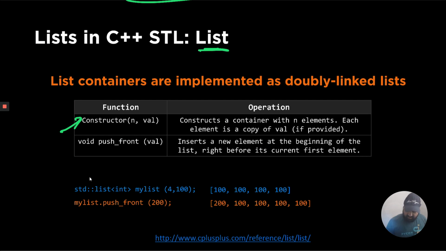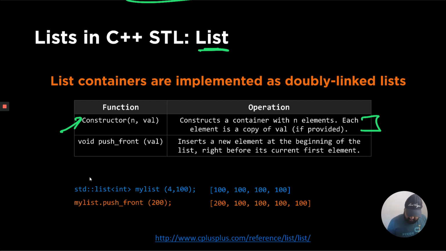So this offers a constructor which takes two parameters, n and val, and this is described in the library as creating a new list of size n with default values val.